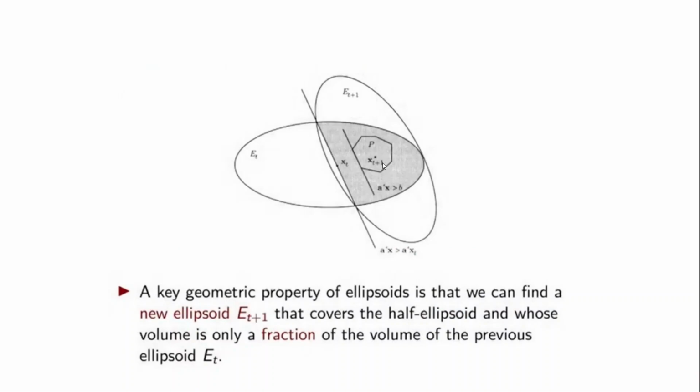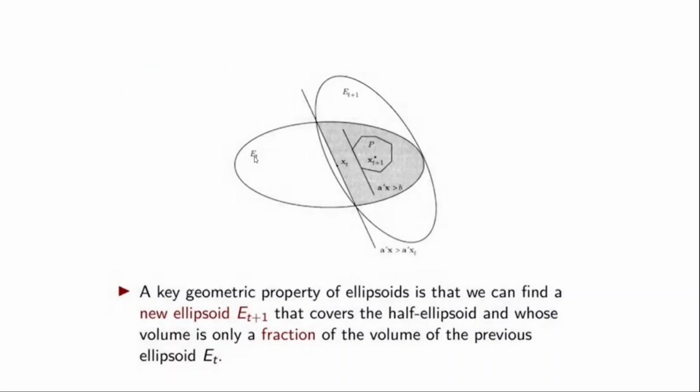The next step of the algorithm is to construct an ellipsoid, Et+1 in this case, which encompasses all of the half ellipsoid that we have created. As we can see, the grayish area is the half ellipsoid, and Et+1 encompasses the whole of it. One interesting feature of the ellipsoid Et+1 is that its volume is just a fraction of the volume of the original ellipsoid Et.